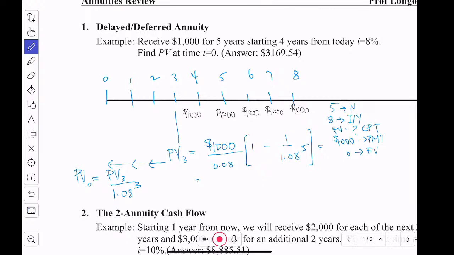So I'll put the answer here. And if you enter it like that, the answer comes as a negative.